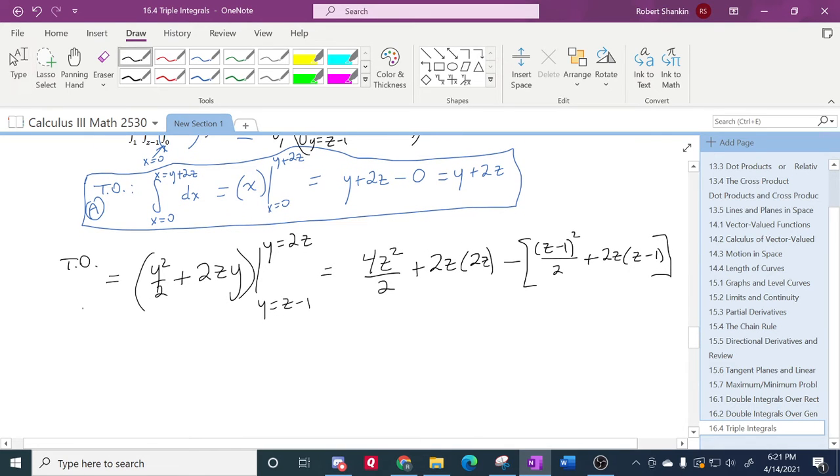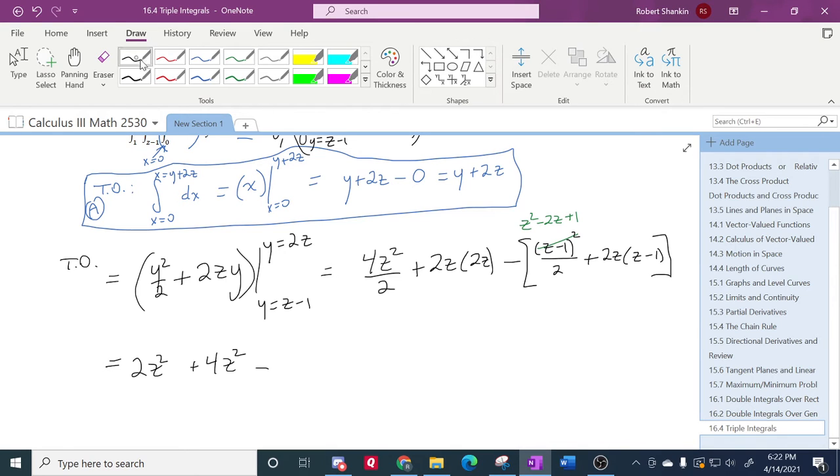And I'm going to simplify this down. This becomes 2z squared. This becomes plus 4z squared, minus, and then all this inside here. Now this becomes z squared minus 2z plus 1, divided by 2.